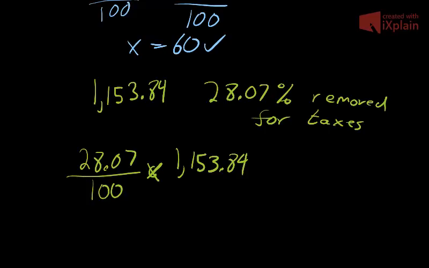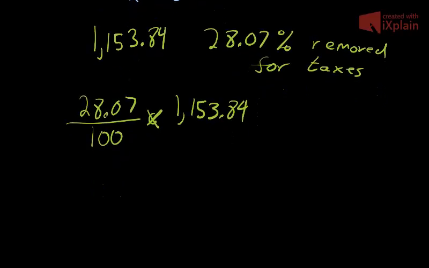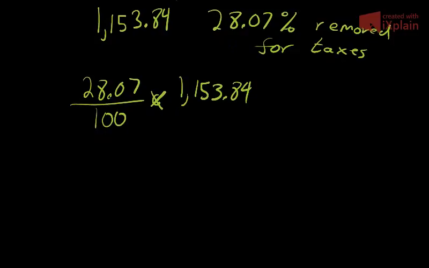Now this one I would definitely not expect you to do without a calculator. So just to make sure that we get this right, I'm going to use a calculator myself, and what we get here is going to be $323.88. And that's how much goes to tax.